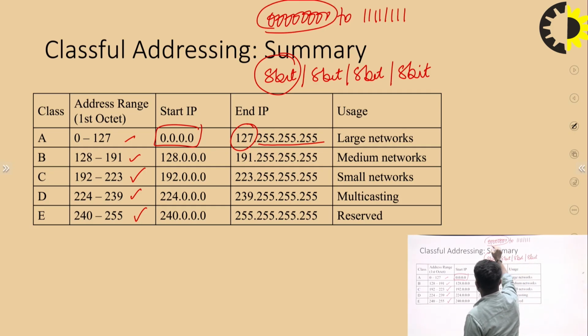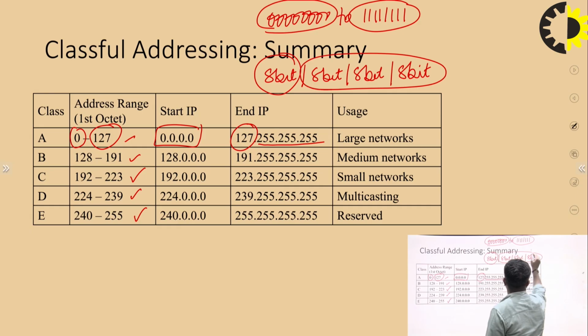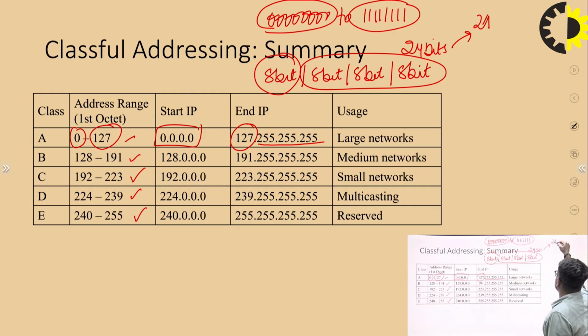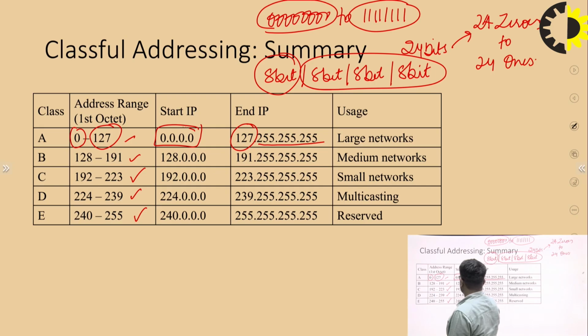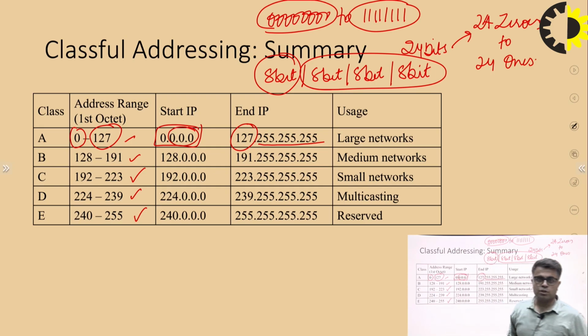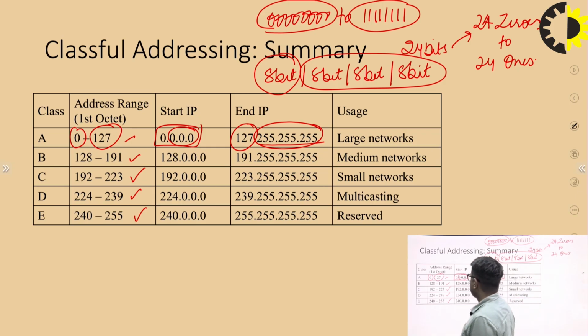So this 8 zeros means 0 and this 8 ones means 127. And these remaining 24 bits can also be 24 zeros to 24 ones. So if these are 24 zeros, then it will be 0.0.0, and if it is 24 ones, then it will be 255.255.255. Okay. Similarly, for class B, we can have a look.